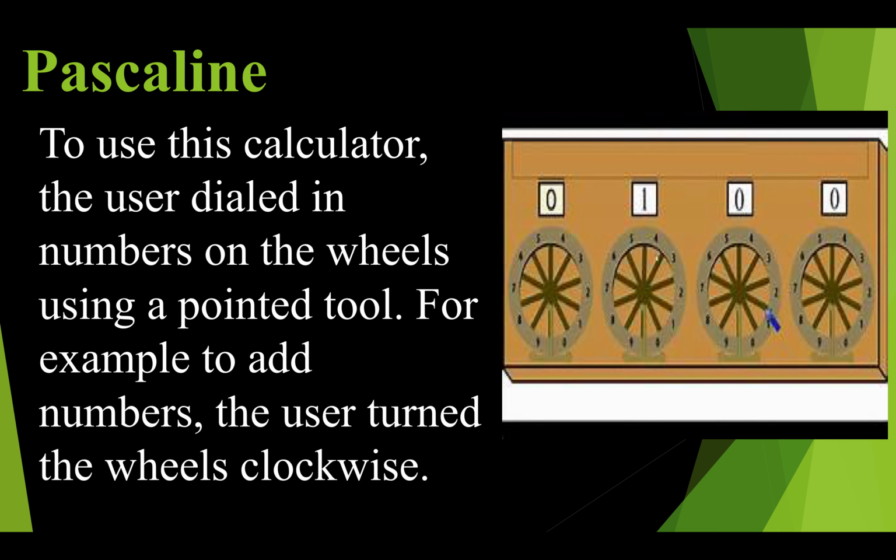Dear students, to use this calculator, the user dialed in numbers on the wheels using a pointed tool. You can see here, this is the pointed tool they use on the wheels. For example, to add numbers, the user turned the wheels clockwise.